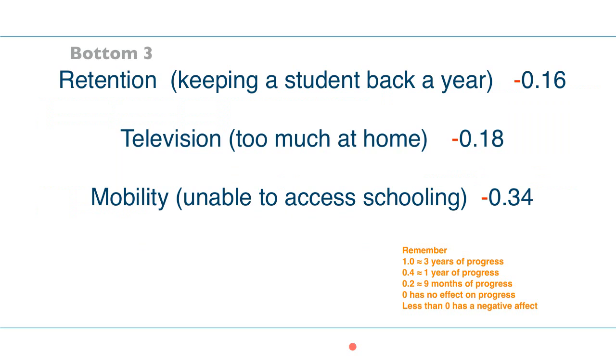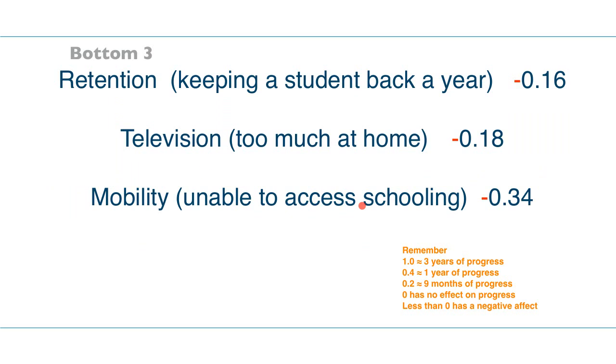Keeping students back a year actually set their progress back. So they didn't stay still, they actually went backwards. Too much TV at home, not being able to access schooling. That third one's quite an obvious one.